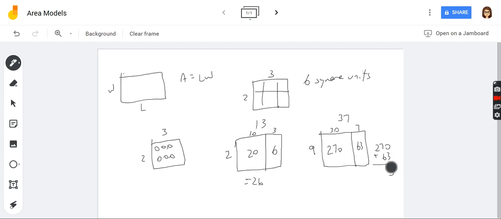I'll get 3, and I'll get 3, and I'll carry the 1, 333, and that's not too bad to do without a calculator. Okay, so let me write in blue what this was. So now this is multiplication.